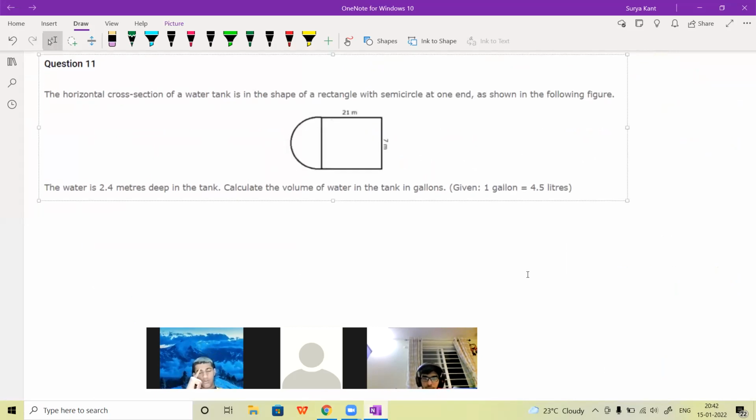I was saying 1 barrel. So 1 barrel is how many liters? 159, I think. And in 1 meter cube, how many liters? 1000 liters.